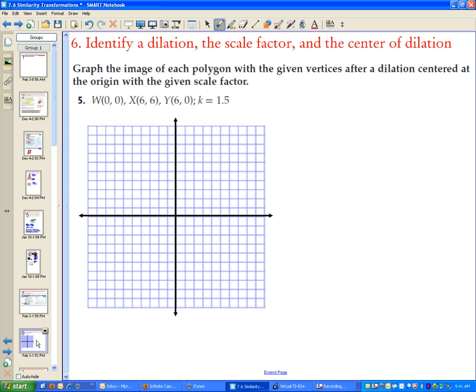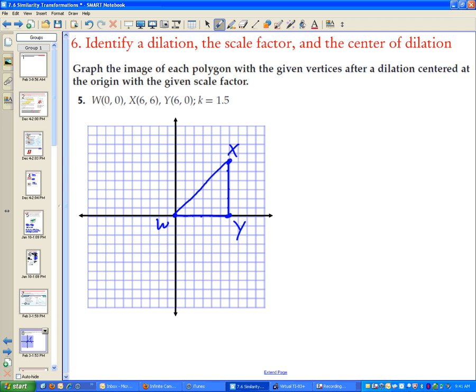So let's go ahead and graph W at 0, 0, X at 6, 6, and Y is at 6, 0. So there's Y. Okay? And we did these way back when.